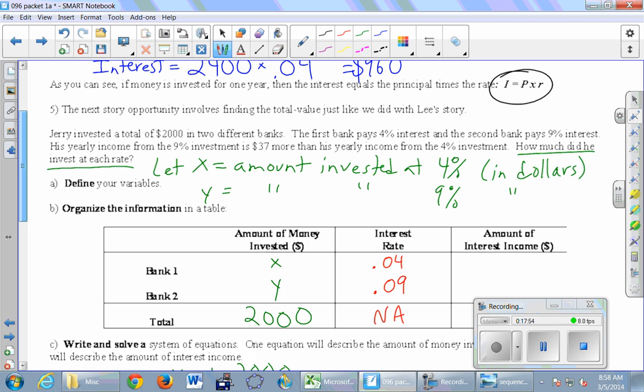Again, it's principal, the amount you invest, times the interest rate. What was the interest rate in that first row? It was 4% or 0.04. So what do I do with the X and the 0.04, which represent the principal and the rate? We multiply them. So it's just X times 0.04. Do we see it? Just taking the principal, multiplying it by the interest rate. How does that compare to the candy table?